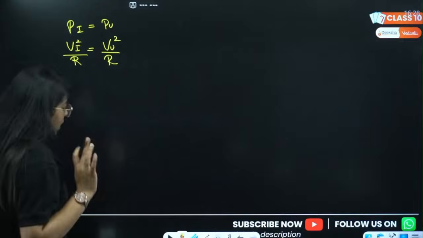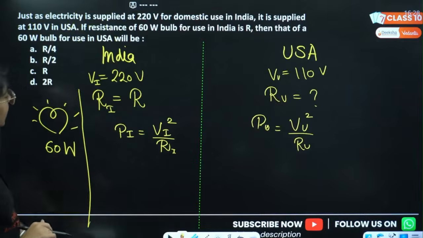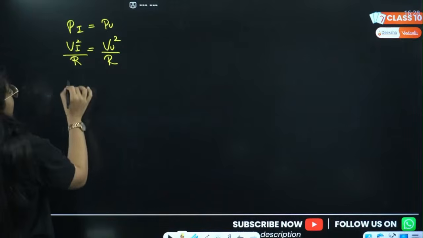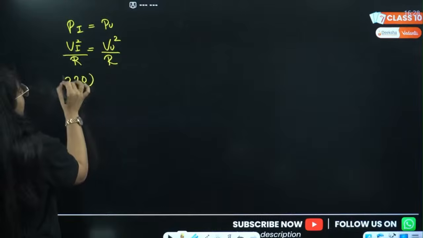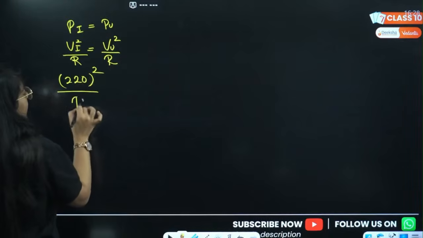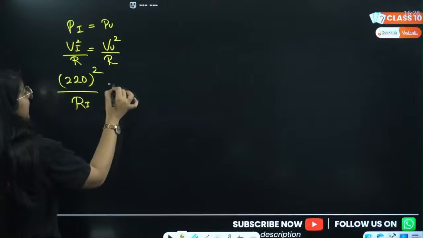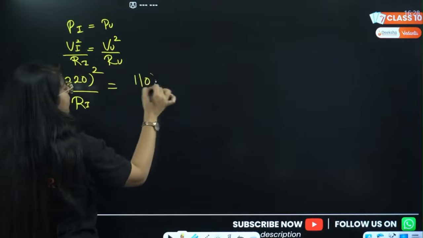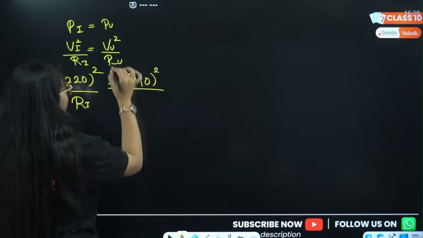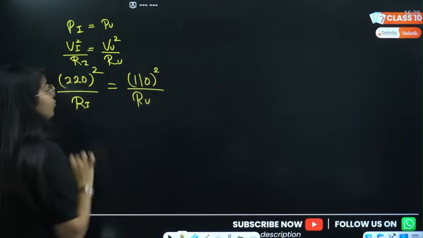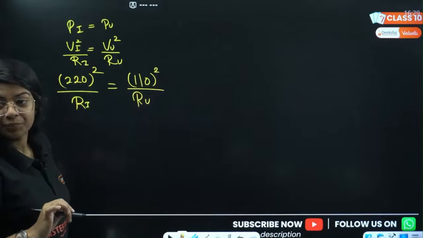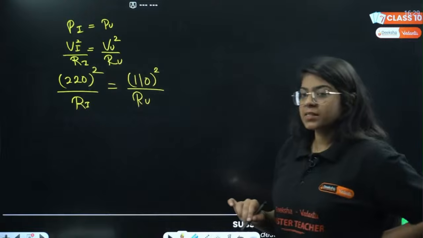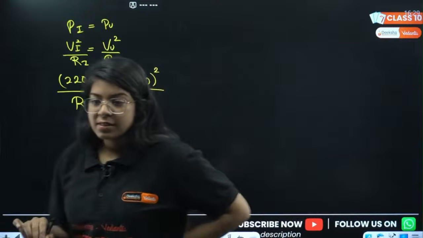Understood? Now we have to see that this is the formula, this is my values. So voltage in India is 220 squared divided by resistance in India, right? And in USA voltage was 110 squared divided by resistance we have to find, right? Is everyone understanding? Yes, everyone.